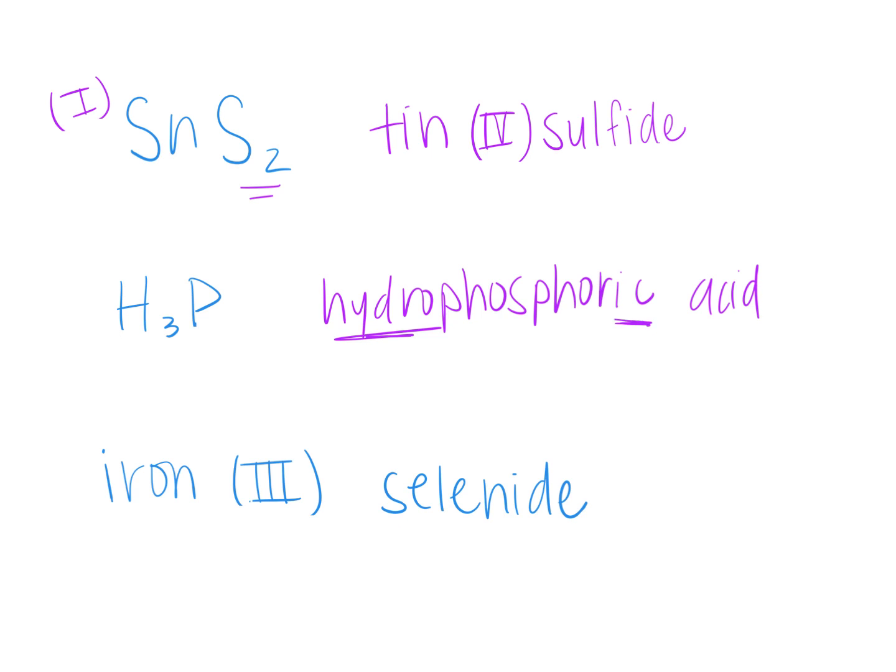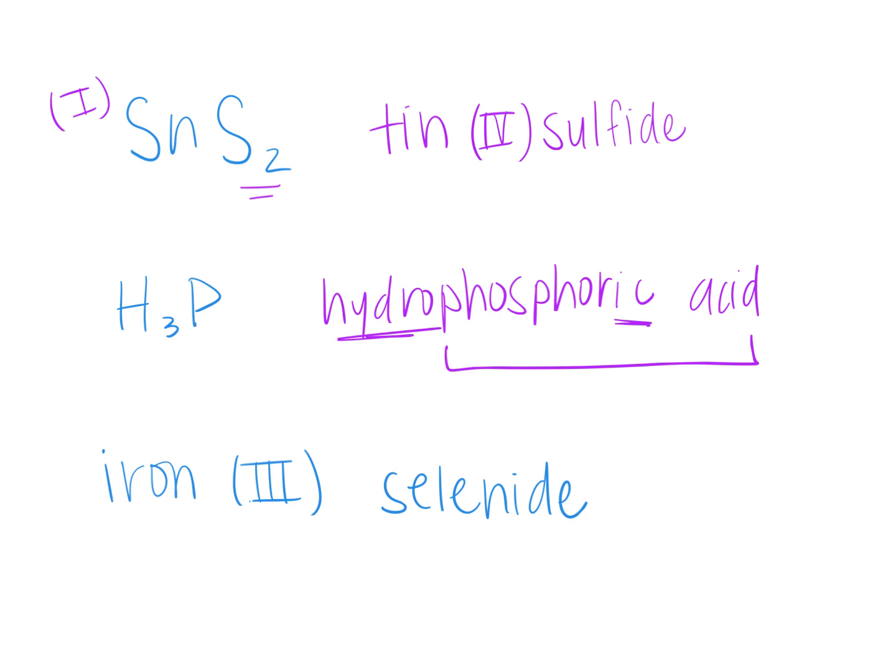Yep, I would have given it to you. Okay, hydrophosphoric acid. Because if I take this away, I'm left with P minus 3, which is phosphide. That would be different, so I wouldn't give you the point there. Because there's a separate acid that would be named phosphoric acid. If we just had phosphoric acid, it would be H3PO4, right? It would be different.